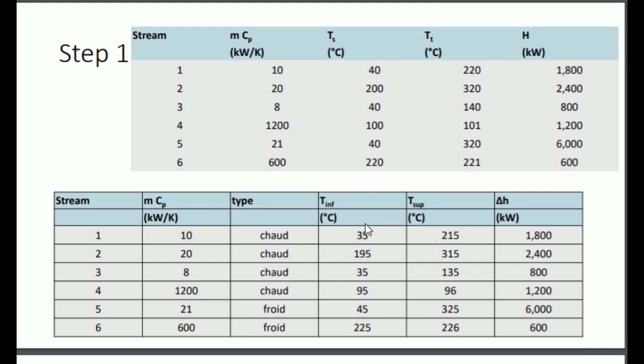For the cold streams, so froid, we take our stream and we increase it by delta T min over 2, which is 5, and we get 45. And to calculate the H, you can simply do mCP times the delta T, and you get the H, which is fine. We will use these values later.